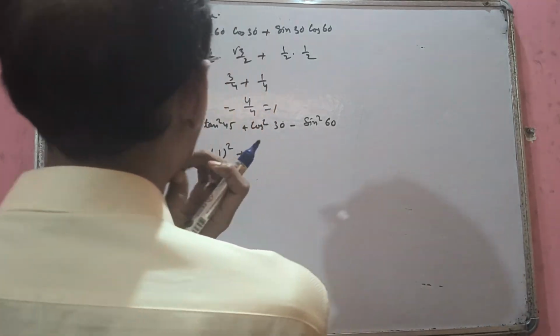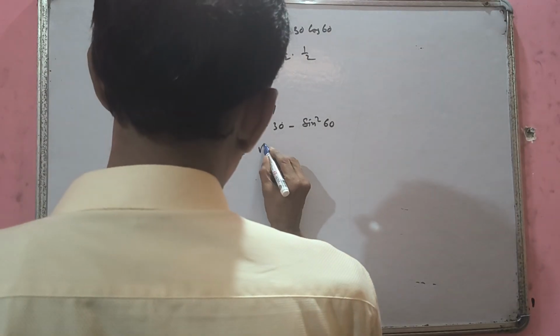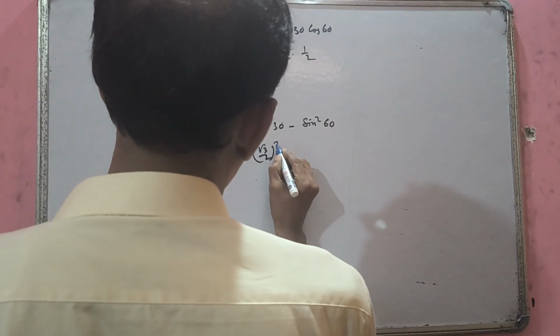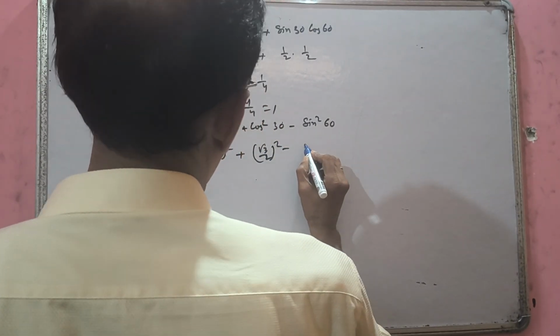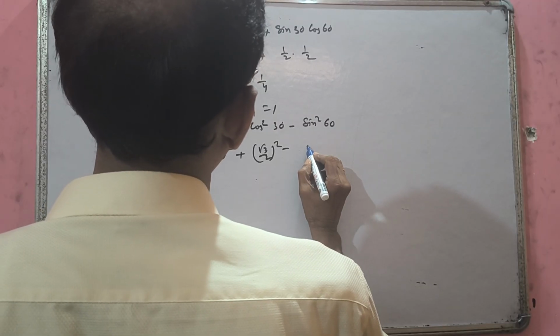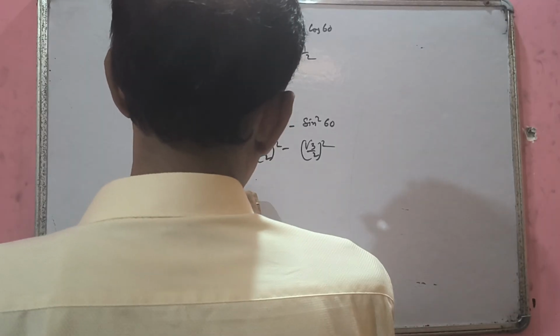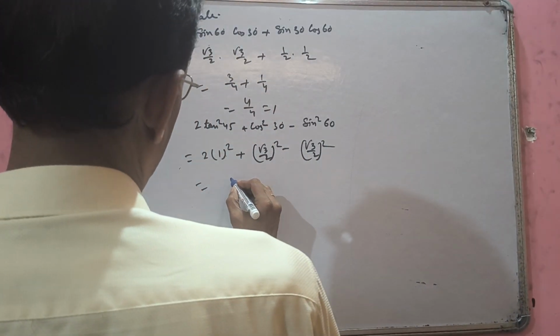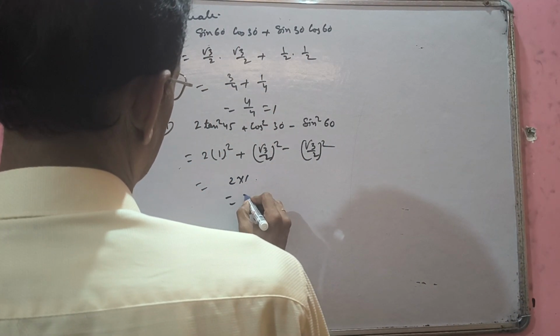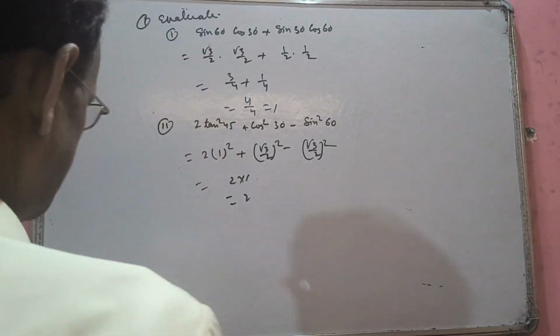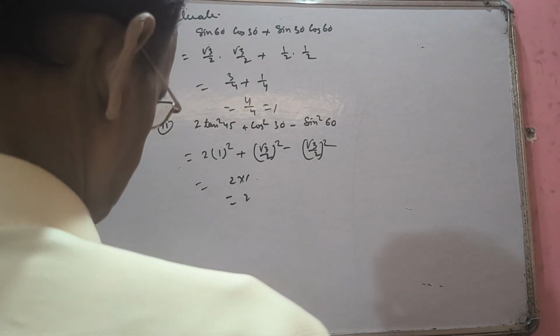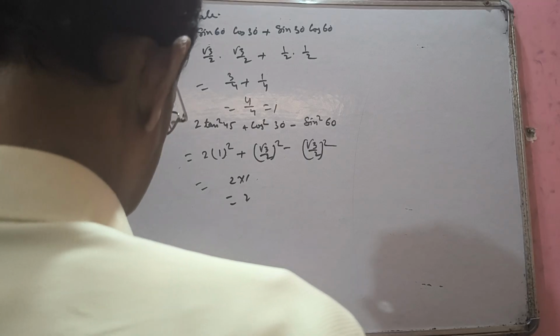Cos 30 degree is root 3 by 2. So root 3 by 2 square. Sin 60 degree is again root 3 by 2. So this is to cancel only, no? So we will get 2 into 1 equal to 2 because this and this cancel. Understood? Now go to the next number.